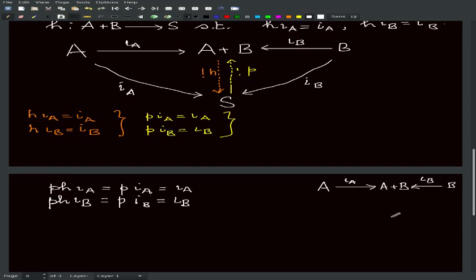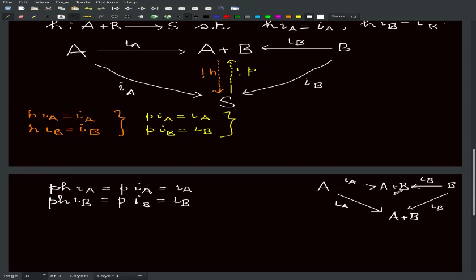So I take A plus B in particular, and I have these maps. Since there is only one way to come from A plus B to this one, can you give me that one obvious way?